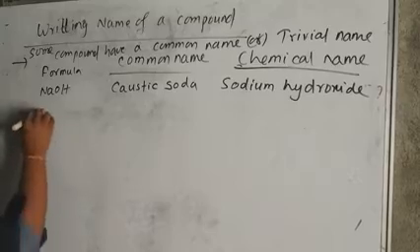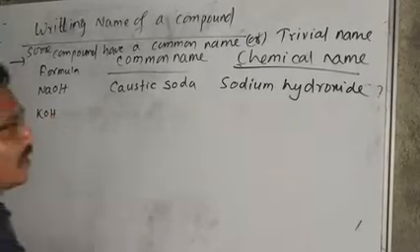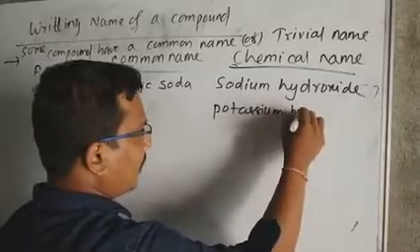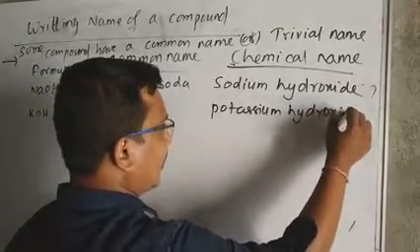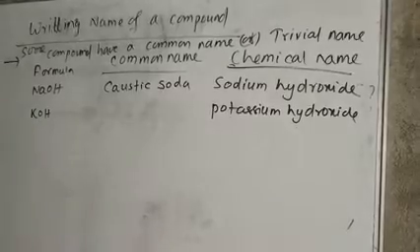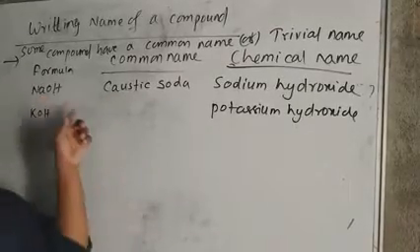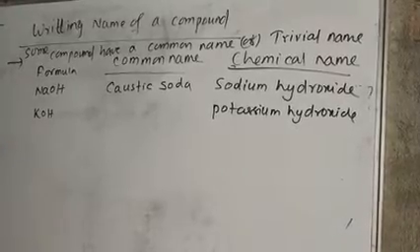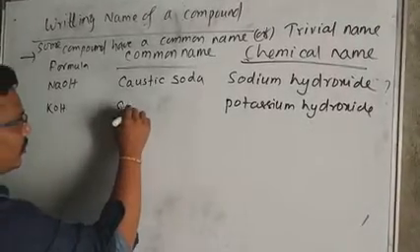Similarly, if you think about KOH, its chemical name is potassium hydroxide. The common name of sodium hydroxide is caustic soda, and the common name of KOH is caustic potash.